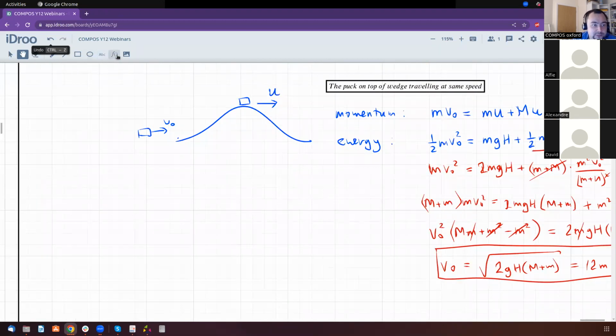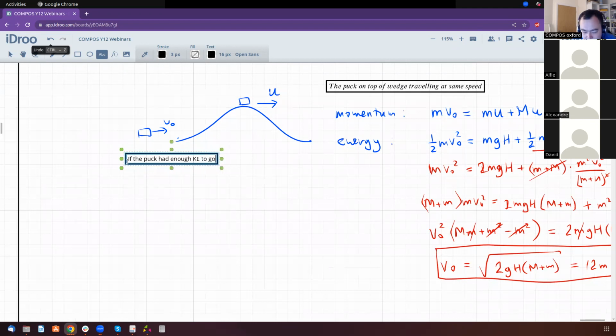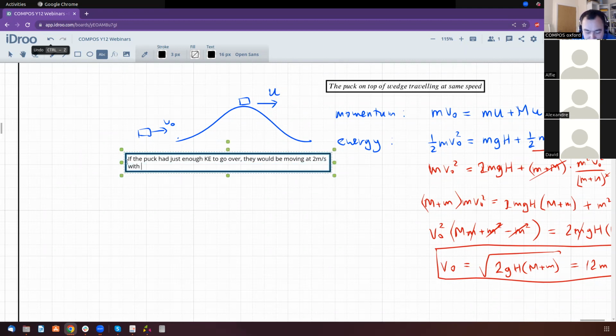So if the puck had enough kinetic energy to go over, had just enough, they would be moving at 2 meters per second, with the wedge having 10 joules of kinetic energy, and the puck would be 1 times 4 is 2.